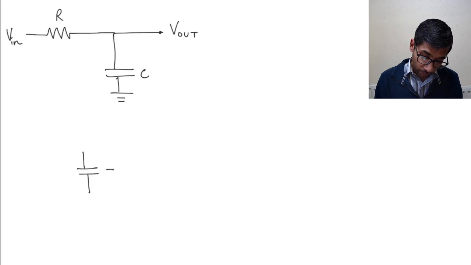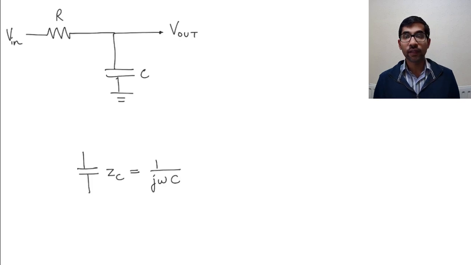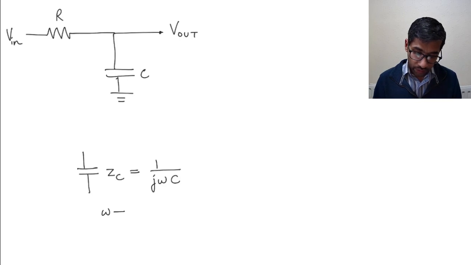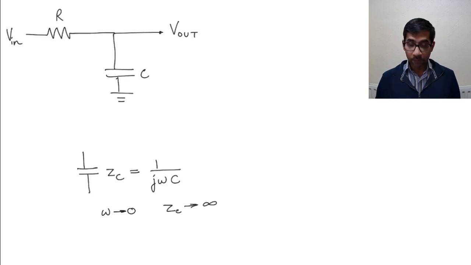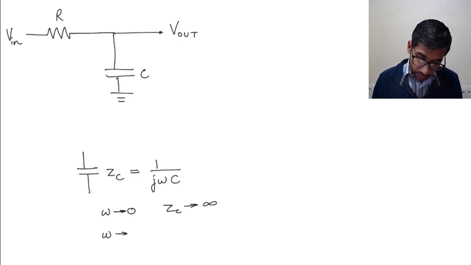The impedance of a capacitor is ZC, which is equal to 1 over j omega C, right? And if omega is 0, that is if the frequency is 0, ZC for omega tending to 0, ZC tends to infinity, isn't it? If omega starts to become infinity, what does ZC become?